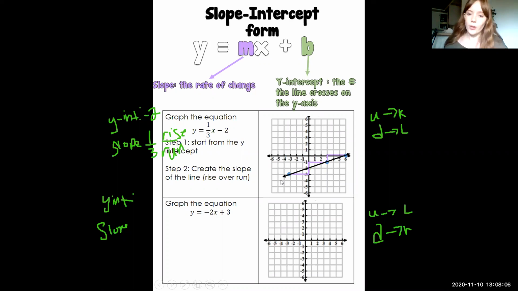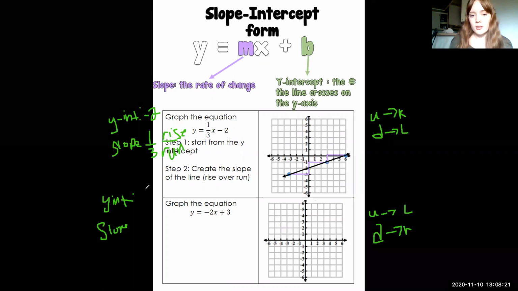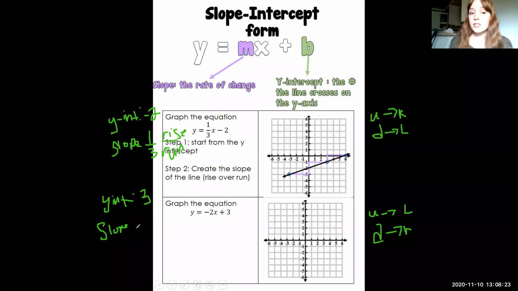We've now created a wonderful line with a slope of 1/3 that crosses through the y-axis at -2. Next one. We're going to find our y-intercept, which is 3, and our slope, which is -2.